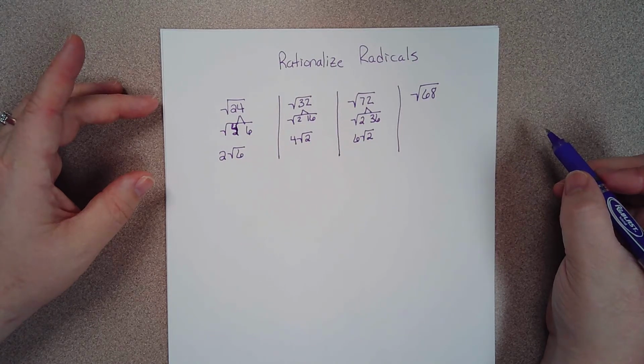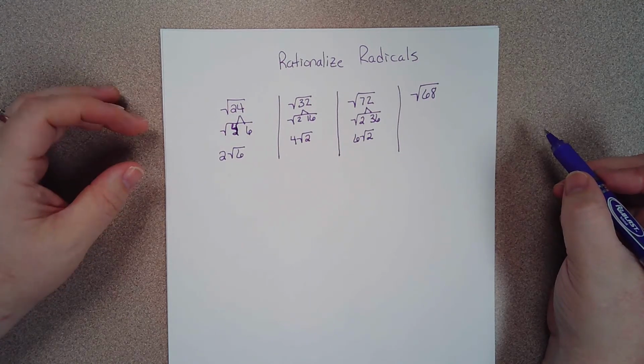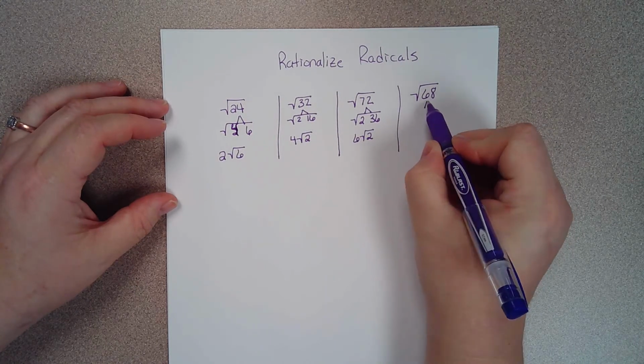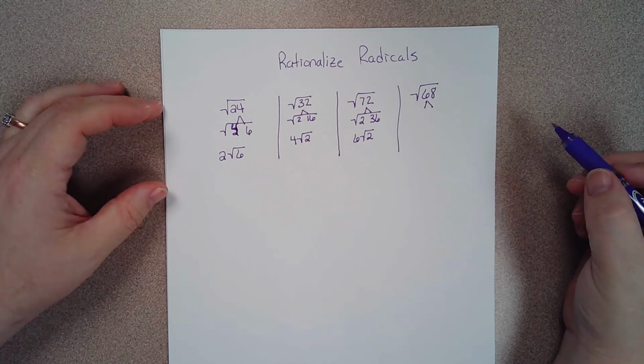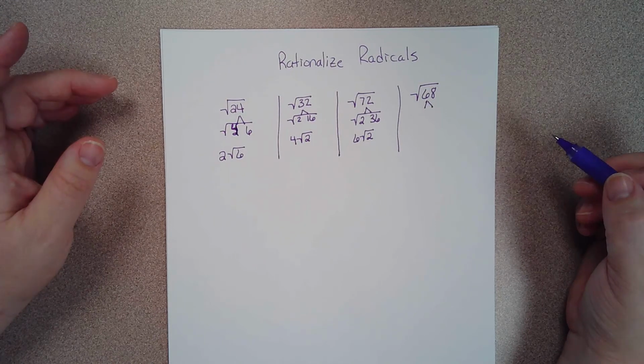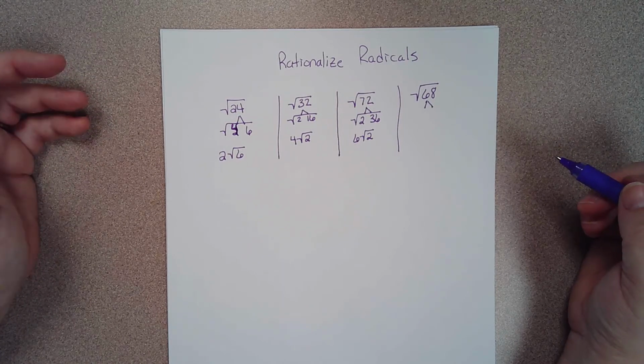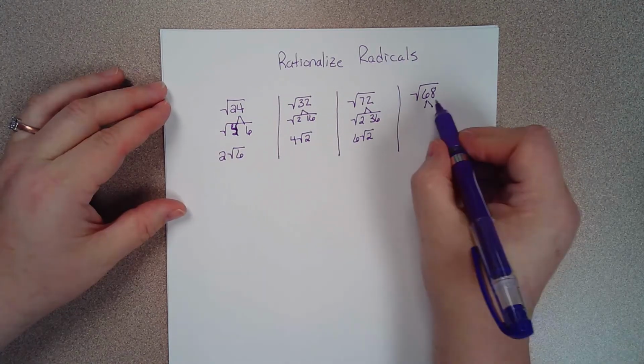Look at square root 68. Now this one seems a little more daunting, but actually it's quite simple. The first thing we're going to do here is look at it and go, okay, what possible factors can come out? Well, we know it's even, but that gives us 34, and 34 is also even, so we can take out more. So let's try a 4, because it's even and the breakdown is even again, that tells me at least a 4 can be taken out.